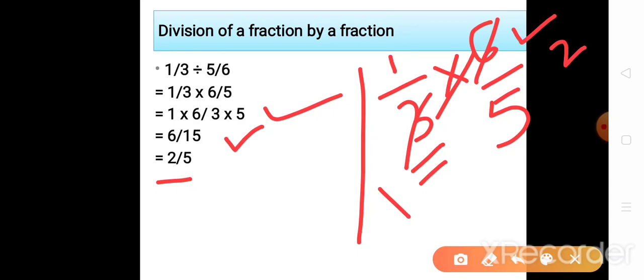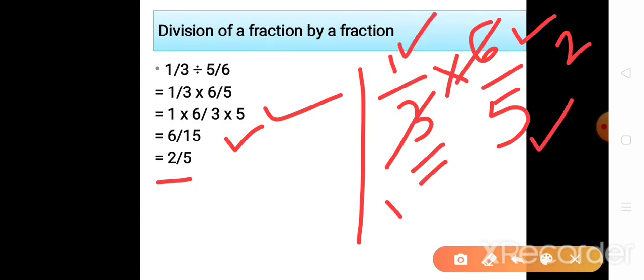So after dividing we got 2 here and 1 at the position of 3. But we cannot go further with the division of 1 by 5, right? So we have to stop our division here.